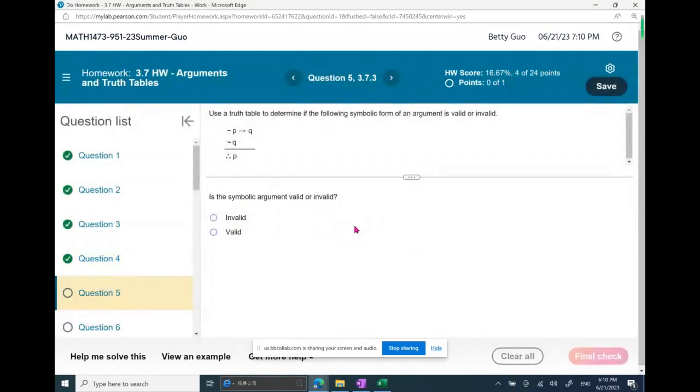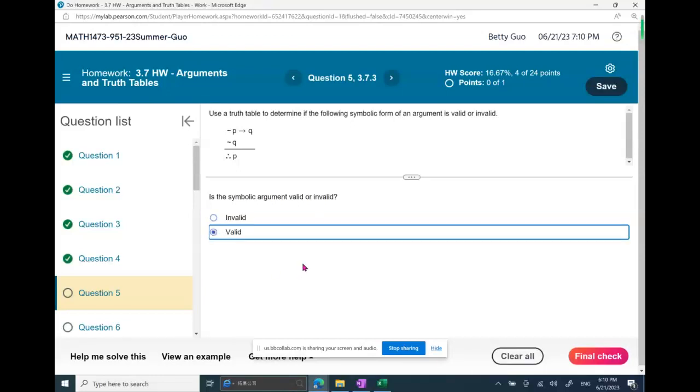Number 5, use a truth table to determine if the following symbolic form of an argument is valid or invalid. Not P implies Q. Now we have not Q, so we have a P. You know, we don't have to use truth table. We could use the contrapositive reasoning to determine this argument is valid.